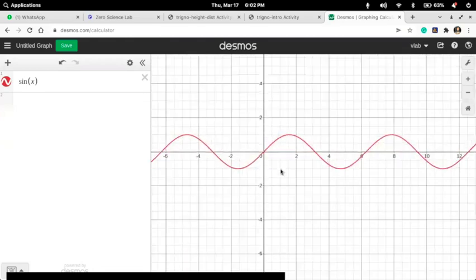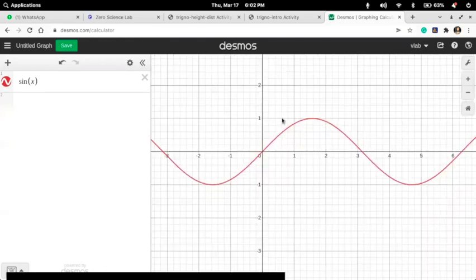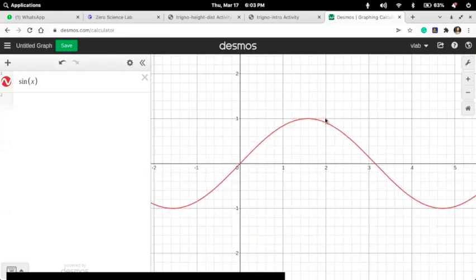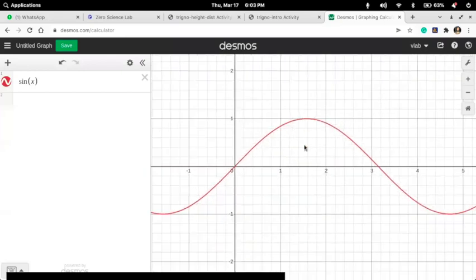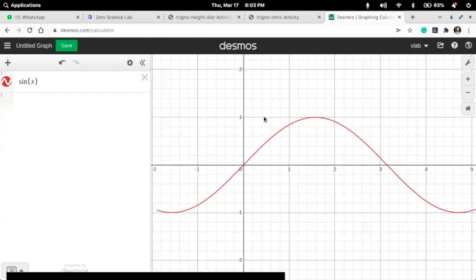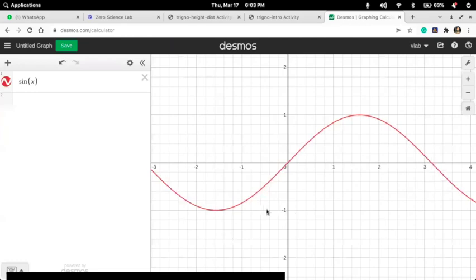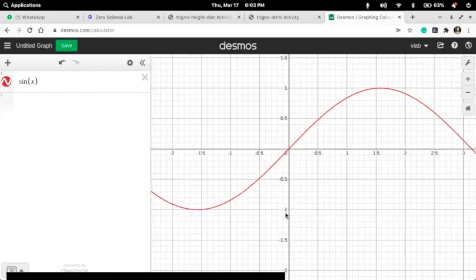Okay. So what is the maximum value of this height? What is the maximum value? 1, isn't it? Yes, sir. What is the minimum value? 0. Minimum, how much? -3. How much?